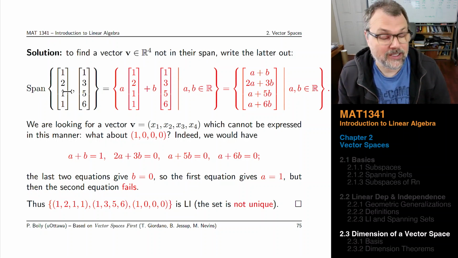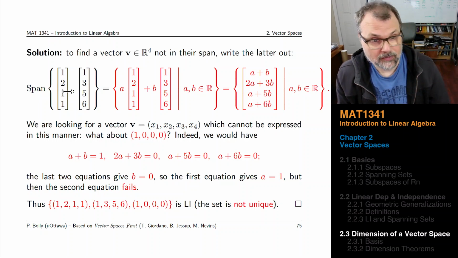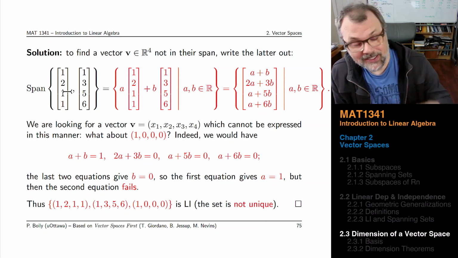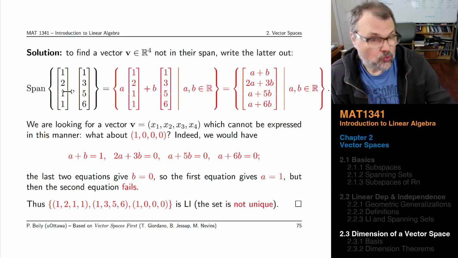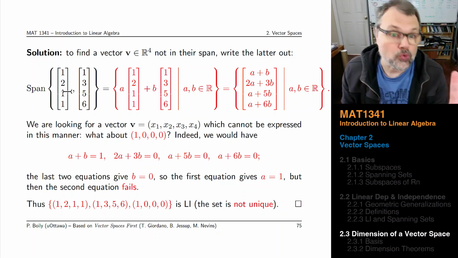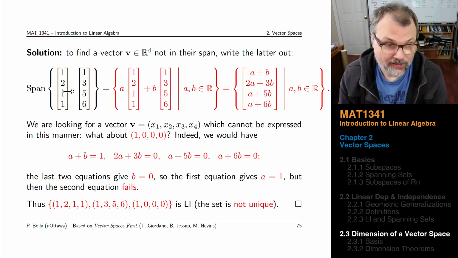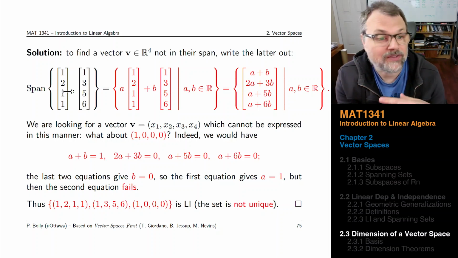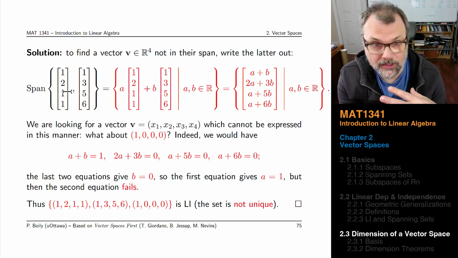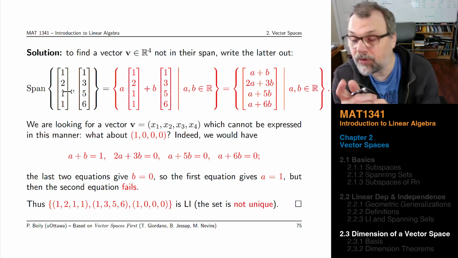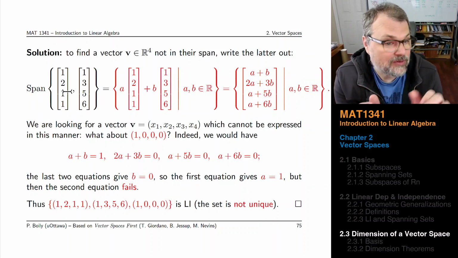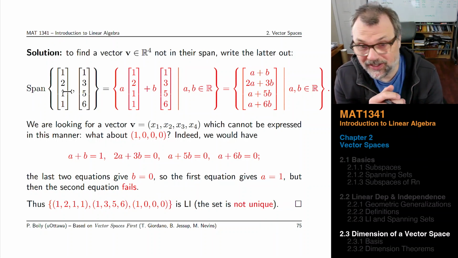There are infinitely many different sets that are linearly independent that have (1, 2, 1, 1) and (1, 3, 5, 6) as two of the vectors. You can find sets with 3 vectors. You can even find sets with 4 vectors that are going to be linearly independent, but you cannot find sets with 5 vectors that would be linearly independent.